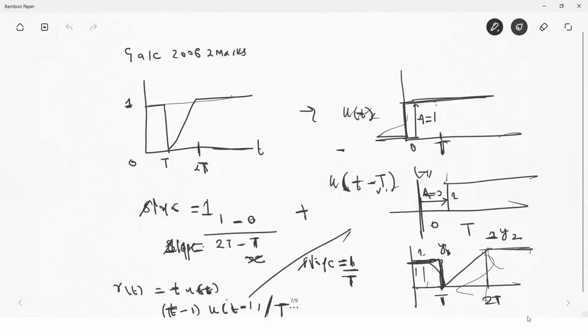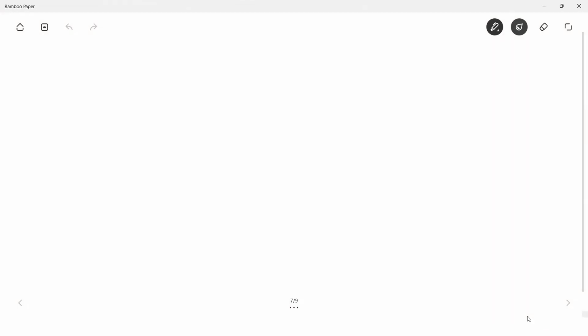So you realize at 2t, the function should be equal to c. First, what you did, you realized the constant slope, right? That you got from u of t minus u of t minus t. Okay, so this is the first part of the problem. This is the first thing that you realized.